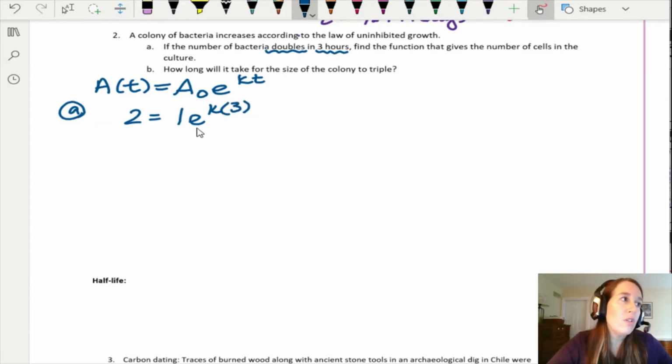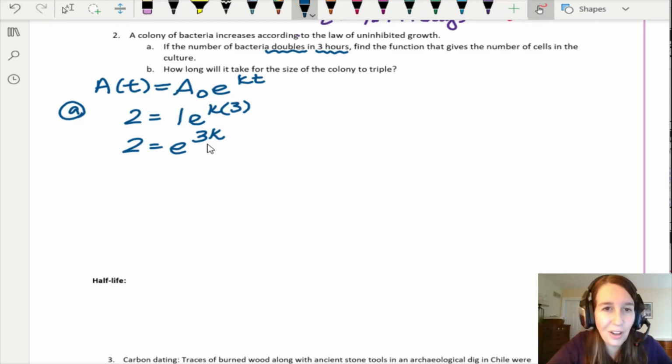Okay, so as you can see, we actually have everything in this equation except for k. So we're going to be solving for k. All right, so I'm going to rewrite this without the 1, e to the 3k, so it looks a little nicer. And notice that the e is isolated. So in order to solve for k, we're going to change to log form.